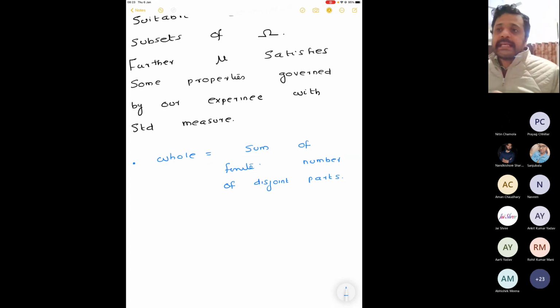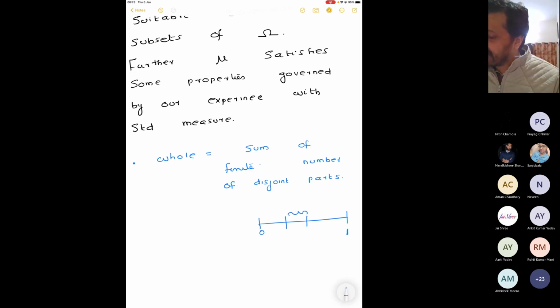That means if I can measure E1, E2, E3, and so on, En. Suppose I can measure this. I know the length of a small interval. I know the length of this much, and this much, and this third part. Then I know what is the length of the whole.